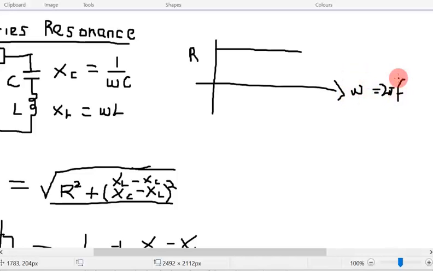So it's in radians per second, but we can also talk about it as the frequency in hertz. So this can be in hertz, and whatever the value, the resistance remains the same. Okay.